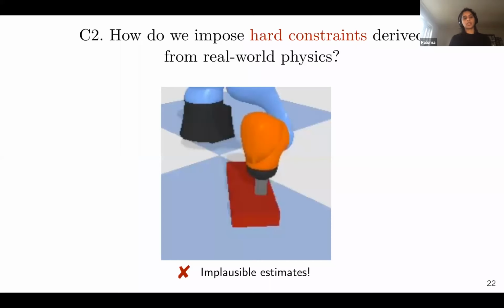Now, let's move to challenge two, where we look at the problem of constraints from physics. Consider the example here, where we are estimating the pose of an object being pushed around by this KUKA arm. We as humans know that the arm cannot physically teleport through the objects.